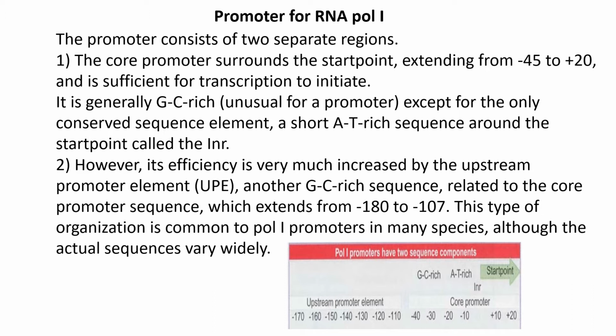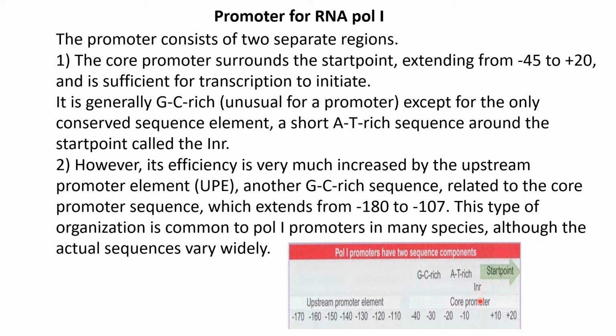In these slides, I'll be talking about the promoter for RNA polymerase 1. In the case of RNA polymerase 1, the promoter mainly consists of two sequence components. One is the core promoter and the second one is the upstream promoter element.